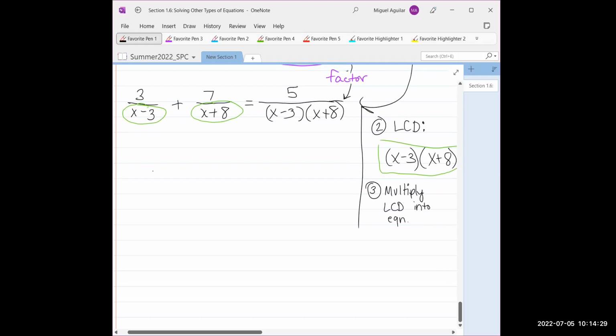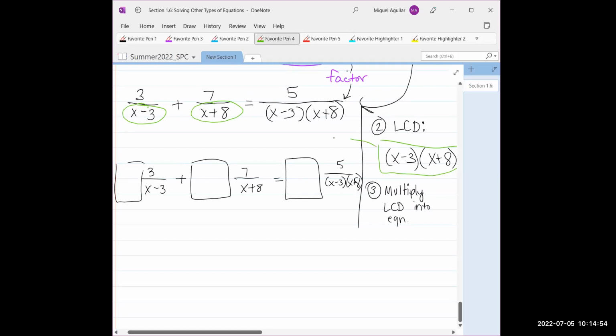I'm going to write the equation again, but this time a little bit smaller to give myself a little bit of space. So I put a little gap here, a little gap here. 7 over x plus 8 equals, with a little gap here, 5 over x minus 3 times x. I'm going to continue using that in factored form.